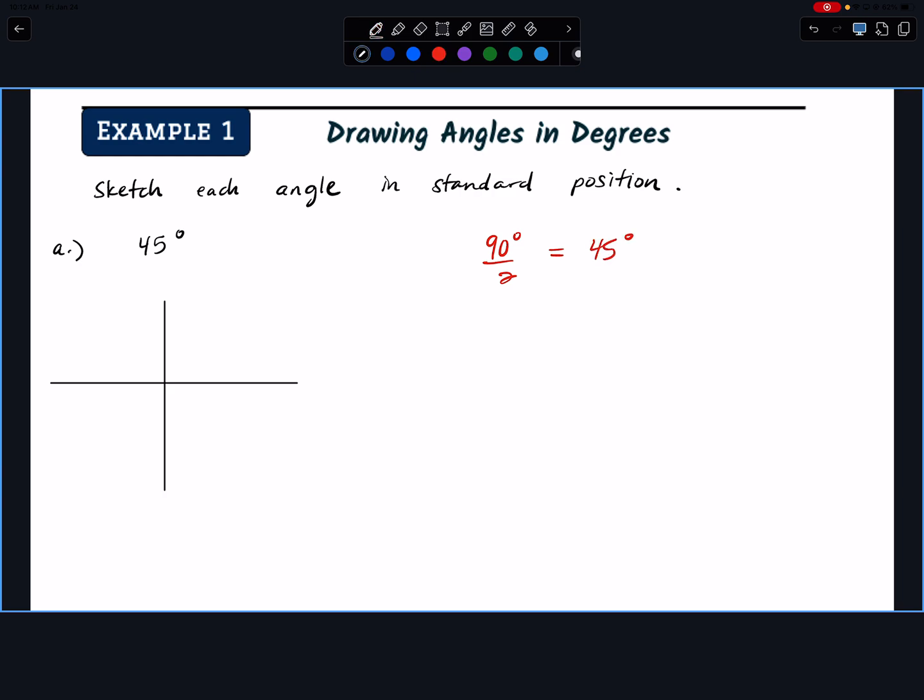So I'm basically going to draw an angle that looks like this. So about halfway. And then let's just label it that this is going to be theta, which is 45 degrees. Okay, does that look familiar from last year?